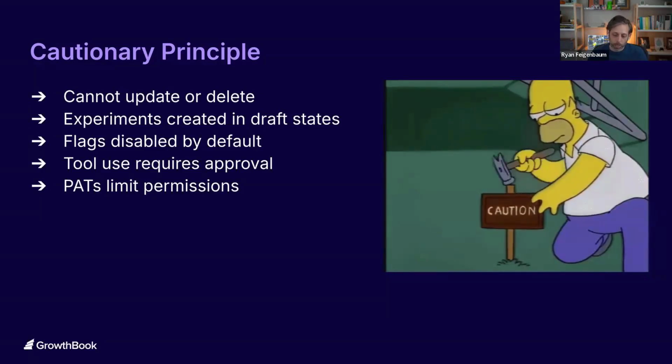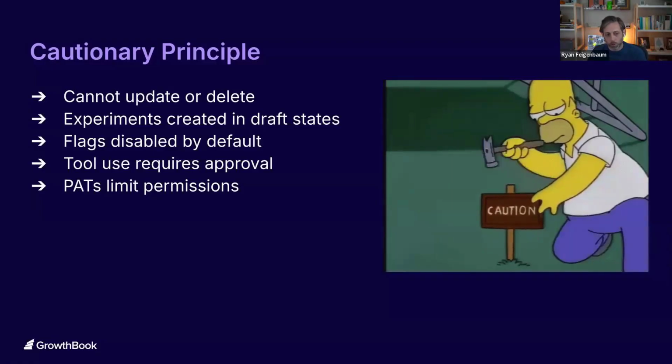Experiments are always created in a draft state, and flags are always disabled by default. And flags can't be, for instance, switched on or off through the GrowthBook MCP server. This is all by design. Like I said, we don't want anything unexpected happening. When you have these tools available to AI, sometimes it can infer something that you don't want to happen.